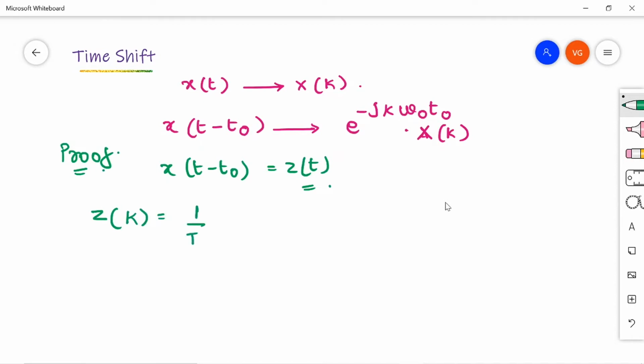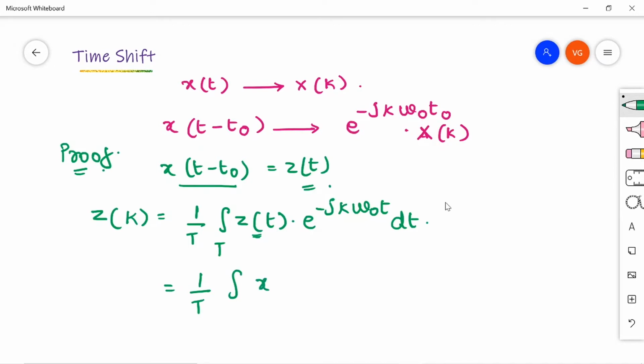Then it will be 1 by T integral 0 to T, integral over T, z of t e power minus jk omega naught t dt, right? So replace this z of t with x of t minus t naught, as you have assumed z of t as x of t minus t naught, right? So I am writing, then again e power minus jk omega naught t dt.